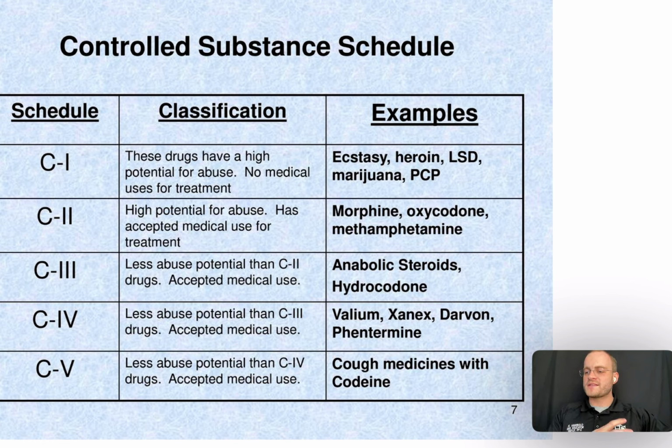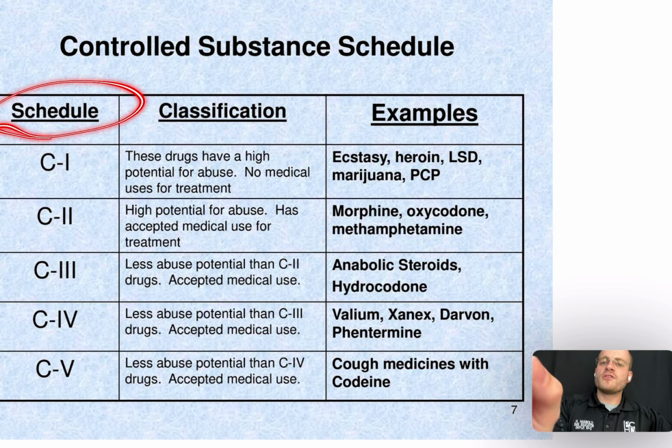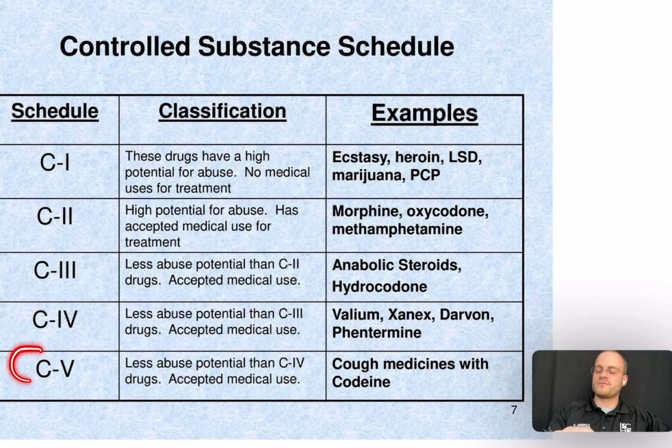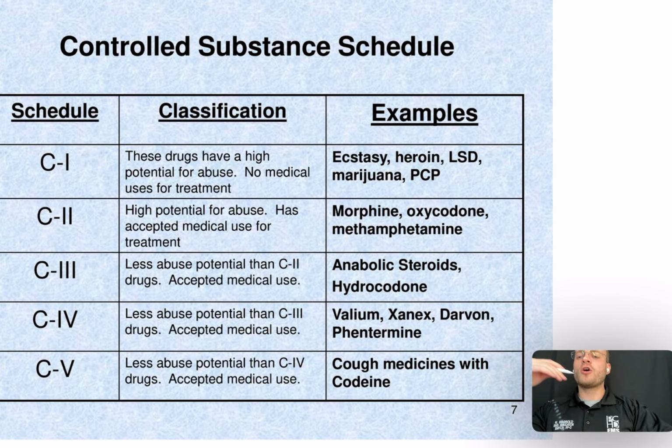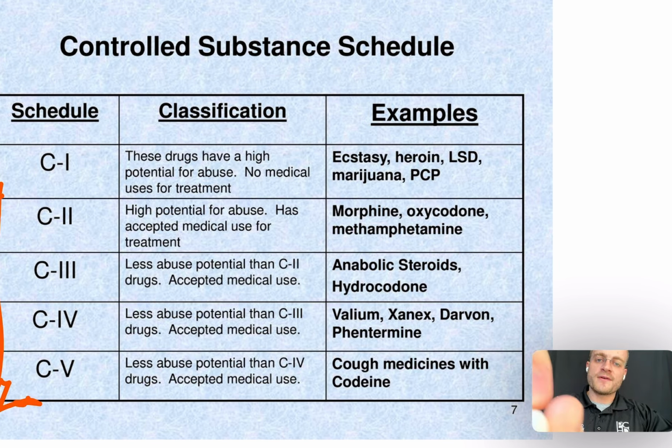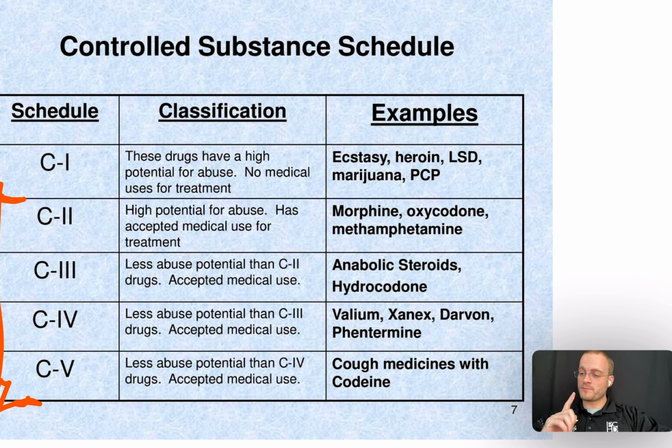So just know that even though it's called a scheduled drug, they use a C in front. I don't know why they did that. I didn't come up with it. Okay, so drugs in this category, C2 through C5, have acceptable medical uses, but they all have potential for abuse.